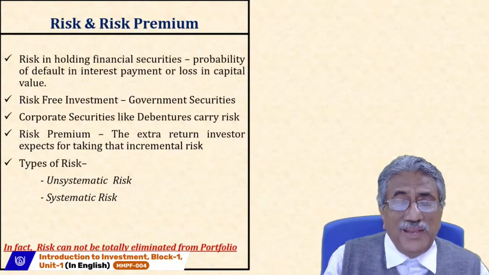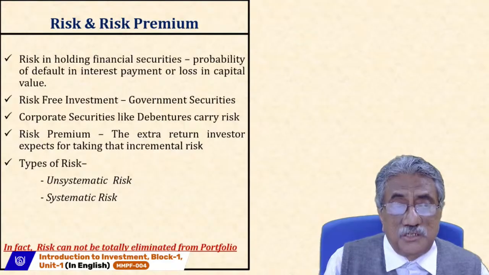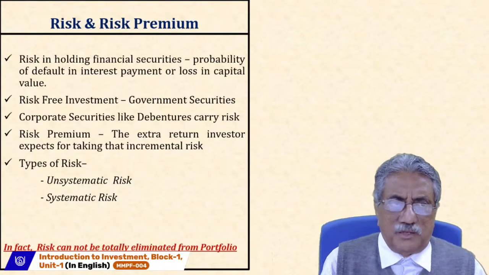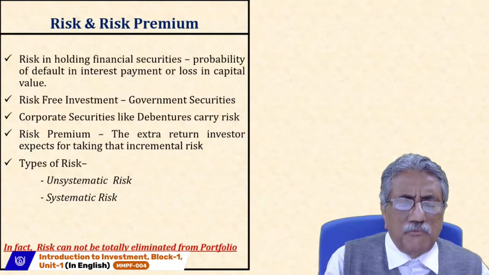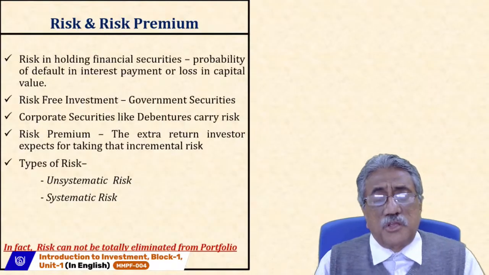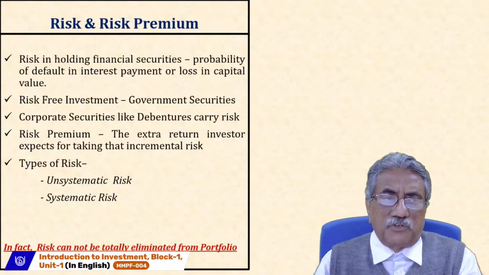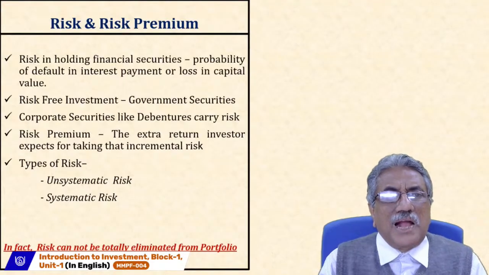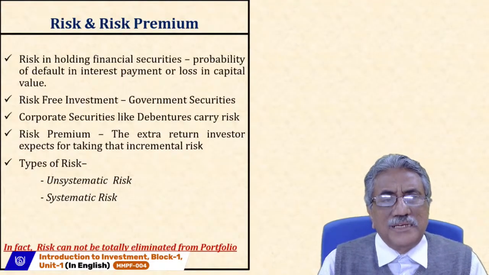So when you are not investing in a risk-free investment, let us take State Bank of India. You are not putting money in a fixed deposit in State Bank of India, but you are investing in a debenture of Tata Steel or something like that. So you will be expecting a little higher interest because you are taking risk.